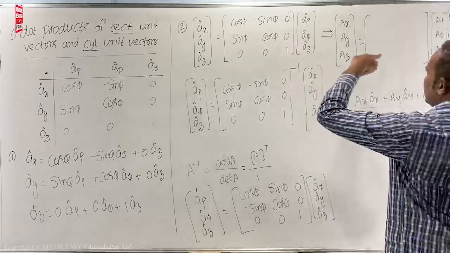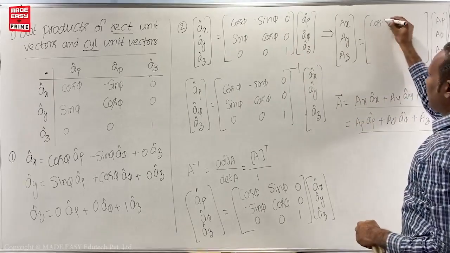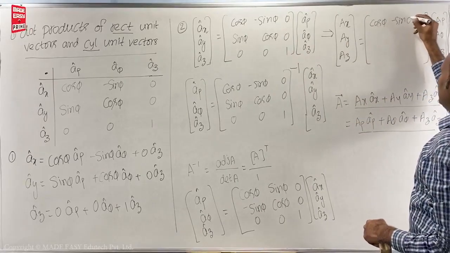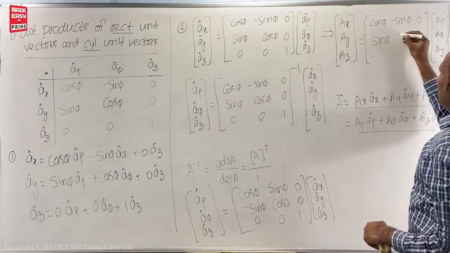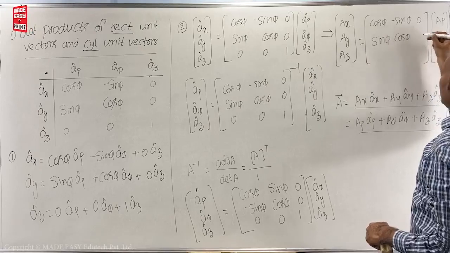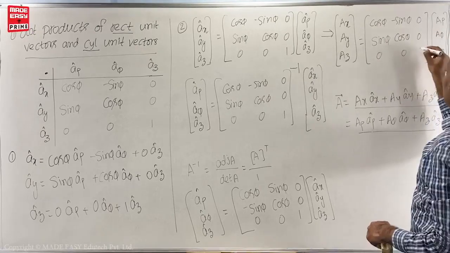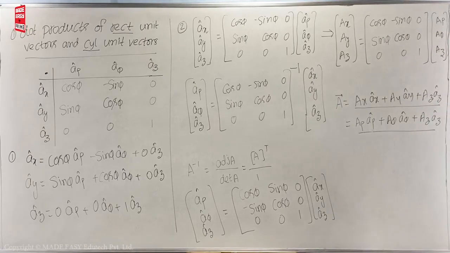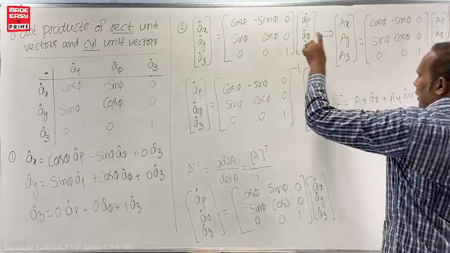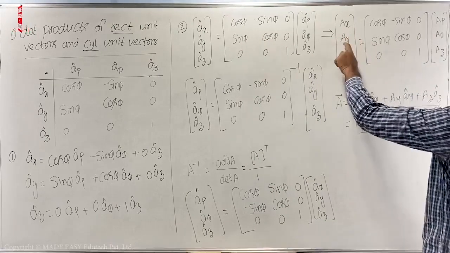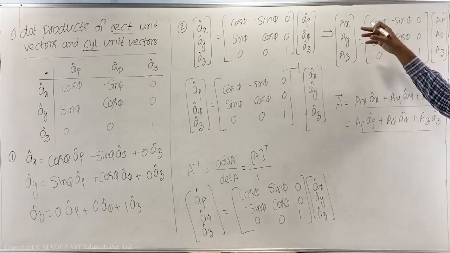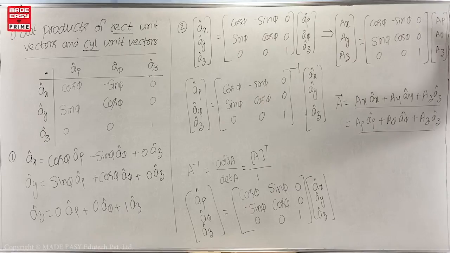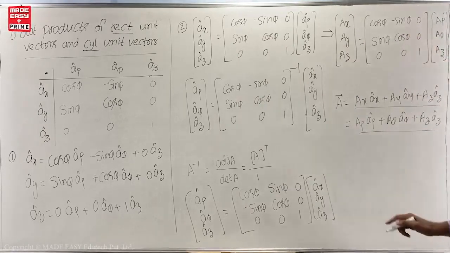Then you write this, and you will get the direct conversion: cos pi, minus sin pi, 0, then sin pi, cos pi, 0, and 0 0 1. So in place of unit vectors, you replace the components. This is the x component, y component, z component of a bar vector. If these components are given, you multiply them with this matrix.